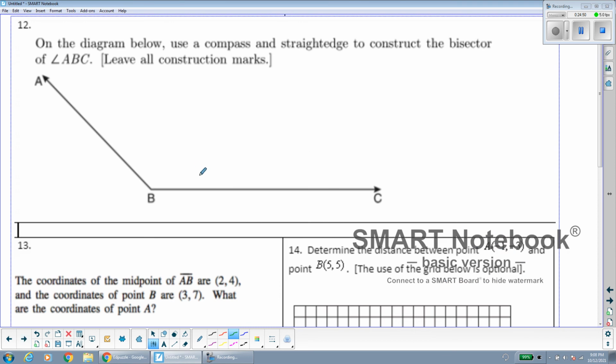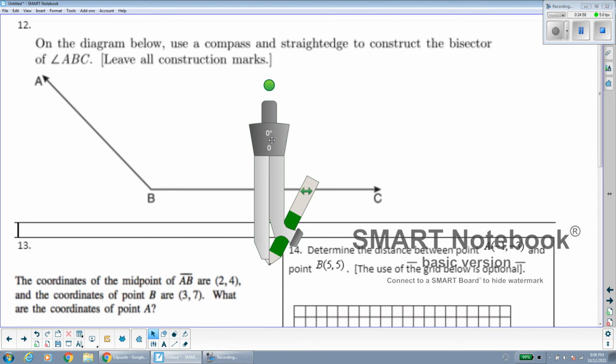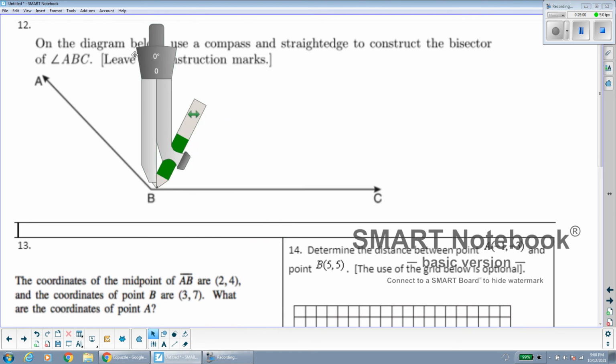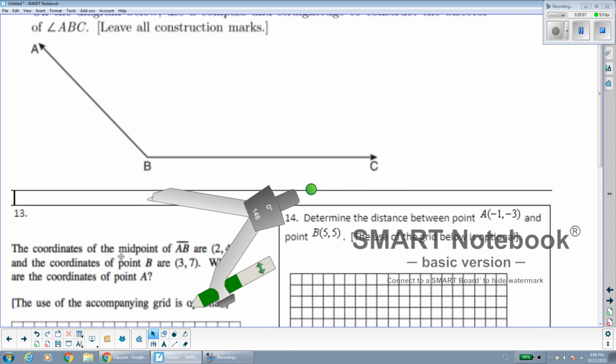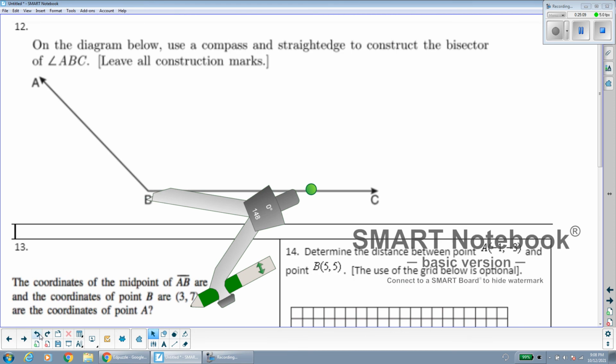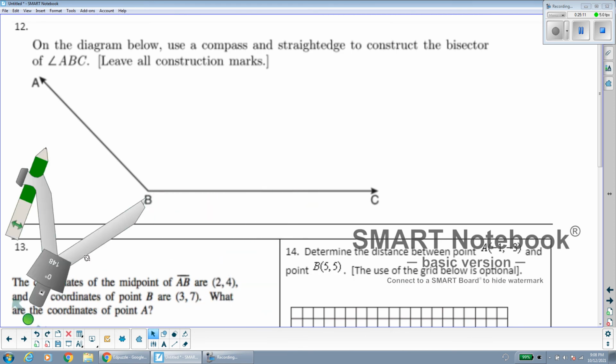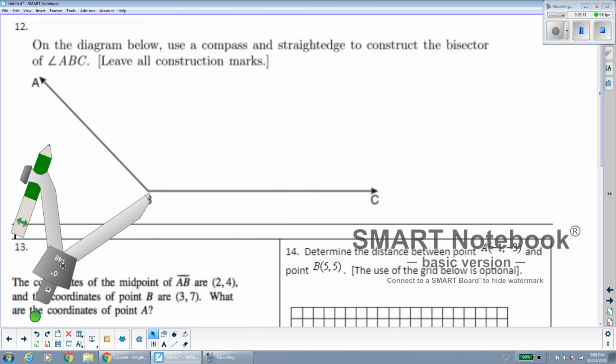Number 12 wants us to construct the angle bisector of the angle that they give us. So let's do it. I'm going to start by putting my compass on the vertex of the angle. Let me flip my compass around to make life easier for me on this screen.